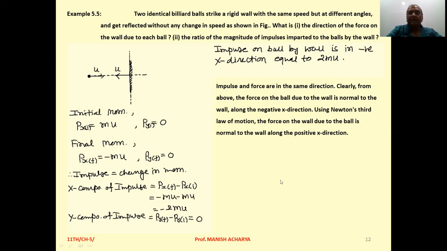Now if we use Newton's third law, then we can say the same amount of force will be exerted by the ball on the wall in the opposite direction. So the ball exerts a force on the wall that is the same 2mu, but in positive x direction. Clear to all of you?